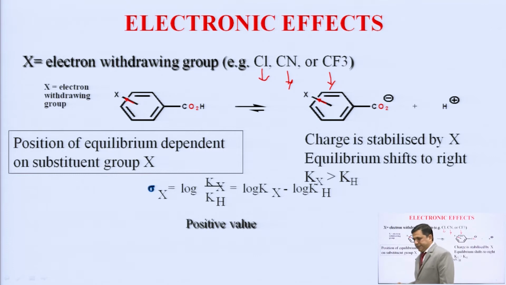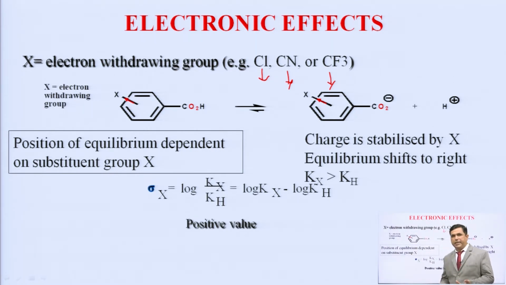It will ionize into C6H5COO minus, and here the electron withdrawing group is present. So, the charge is stabilized by X, the equilibrium will shift to the right, that is KX is more than KH.